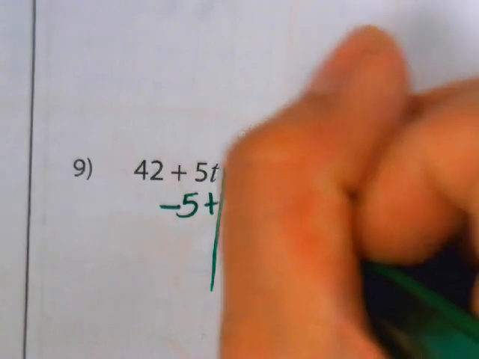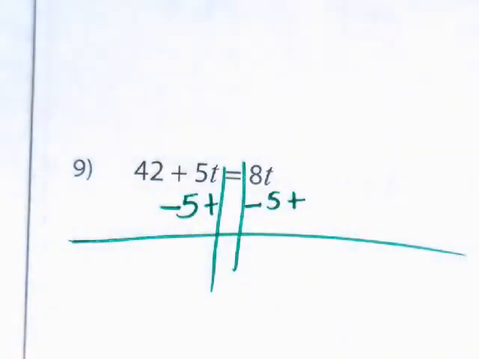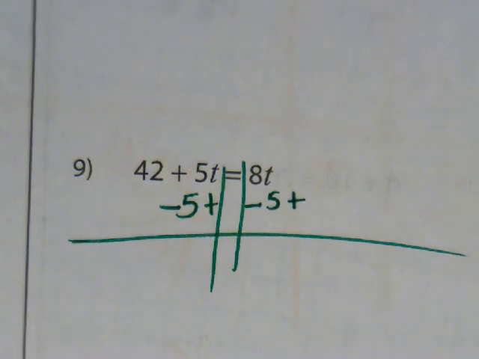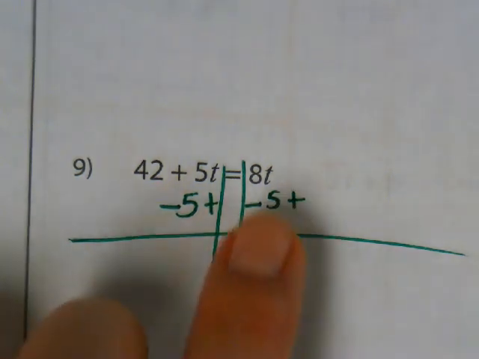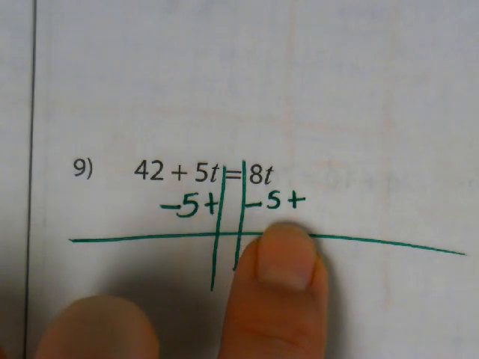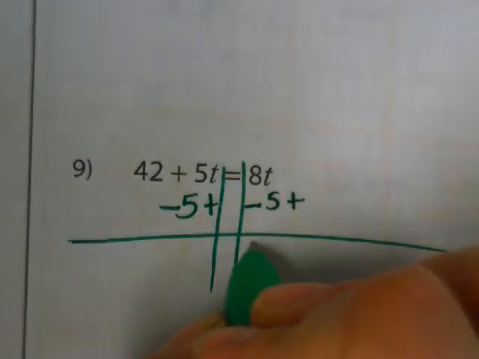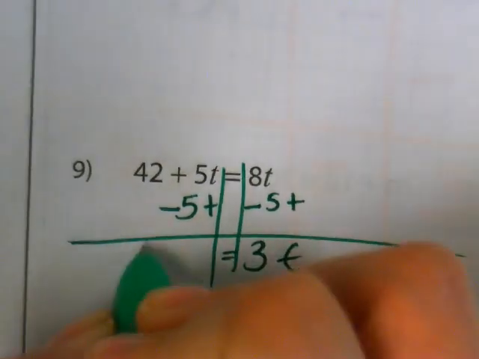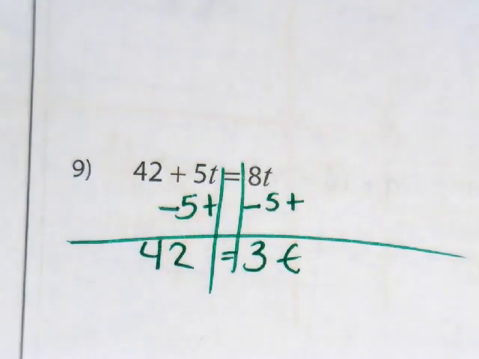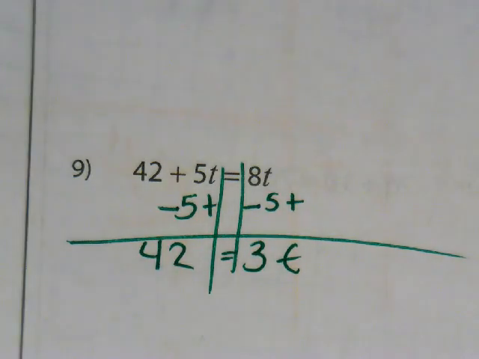So you do minus 5t, minus 5t. You've got to get all of your variables on one side. So what is 8t minus 5t? 3t. So you have 3t on this side is equal to 42. I'm not done, but at this point, you should know exactly what to do.